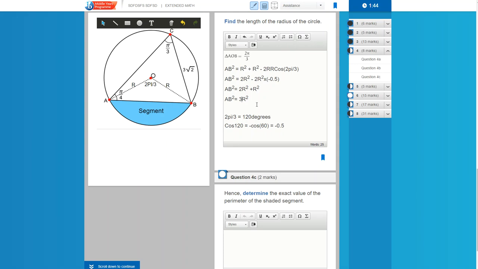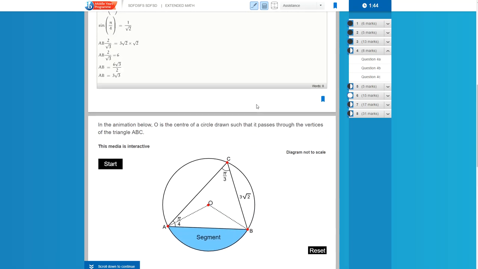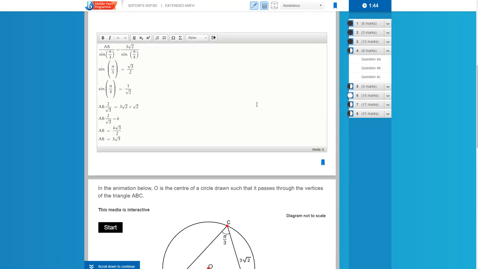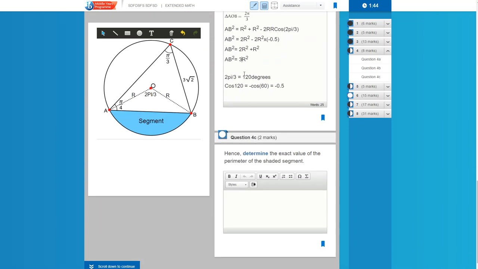Do I know anything about AB? Am I told anything about AB? Yes, AB is, we've worked it out, 3 root 3. Phew.